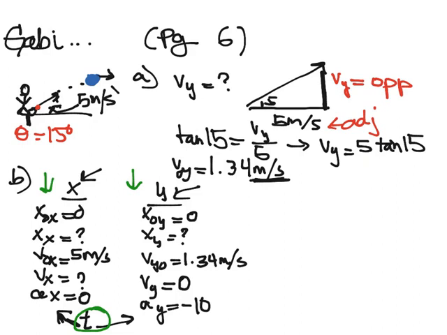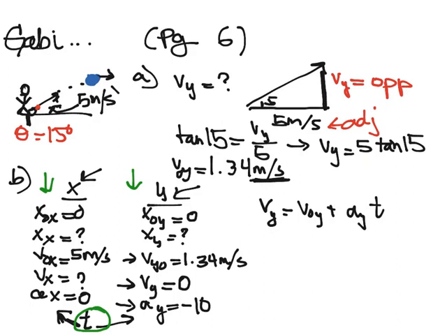So, looking at this problem, we have more information in the y direction, so that's what I'm going to use, okay? And I know initial velocity, I know final velocity, and I know acceleration. So what I can use is the third equation, but again, it's going to be Vy equals V naught y plus ay t.